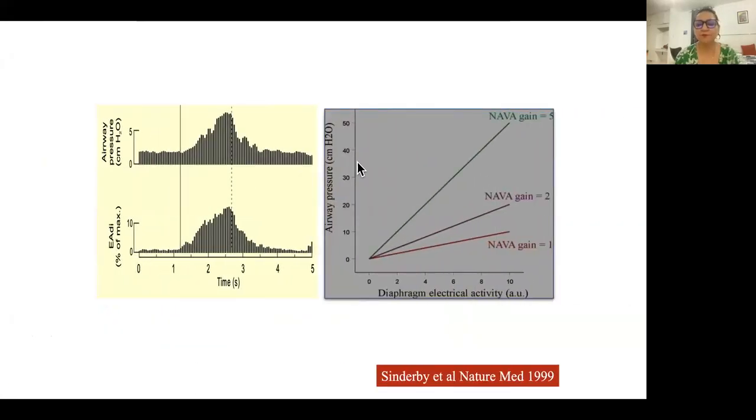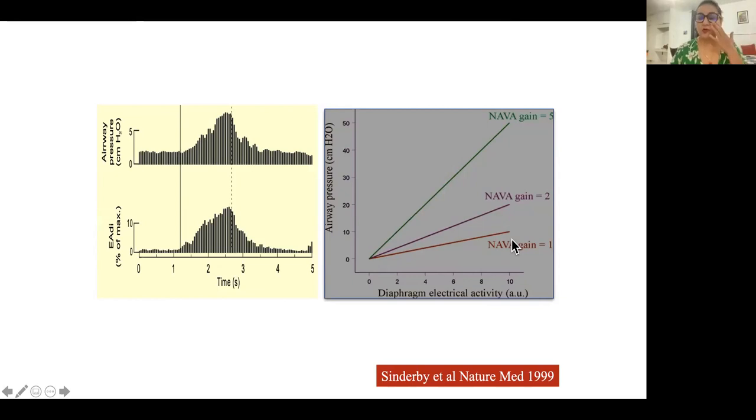So you see here, the Y-axis is showing airway pressure, and here it is showing the diaphragm electrical activity. And these are the NAVA levels. So if you see that even when you have given a NAVA gain of 1, if the electrical activity is increasing, the airway pressure is going to increase.